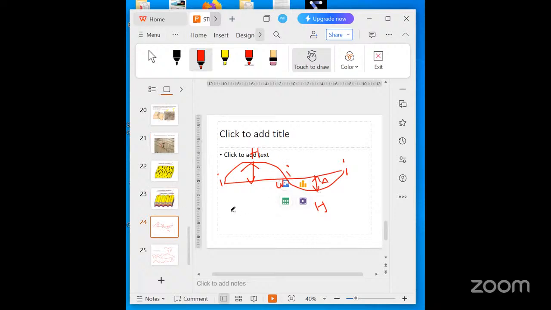Crest is the highest point in the profile section of the fold, like this one. So this is called crest. Crest is the highest point in the profile section of the fold.